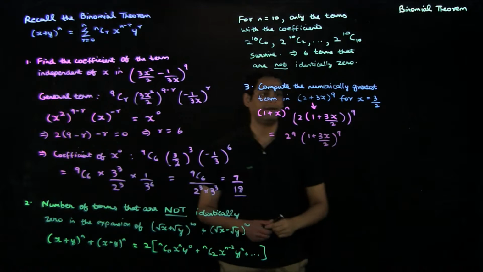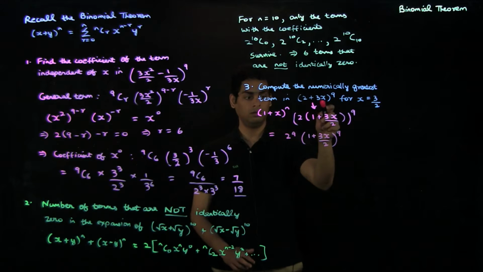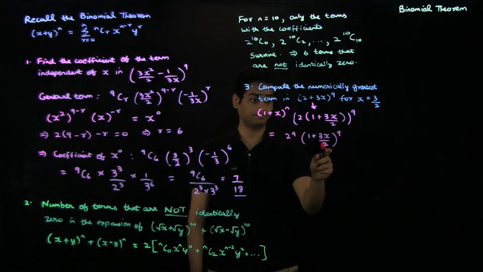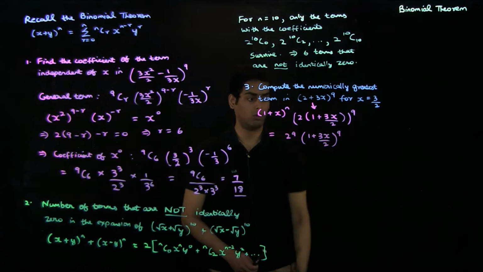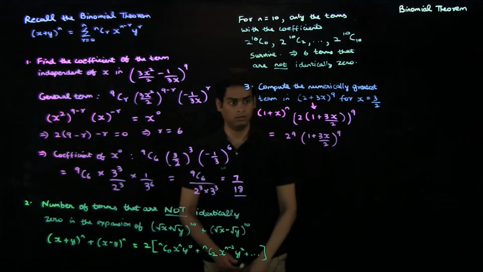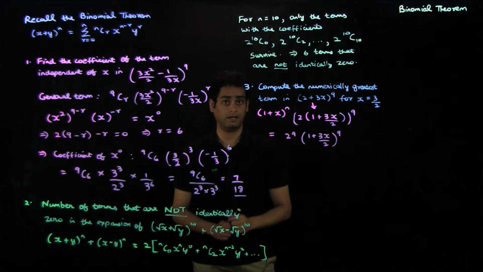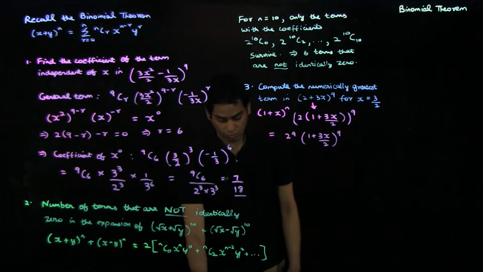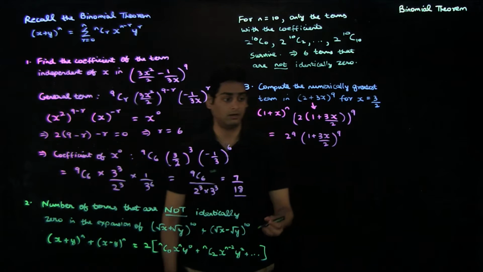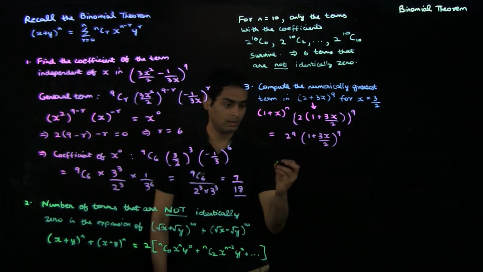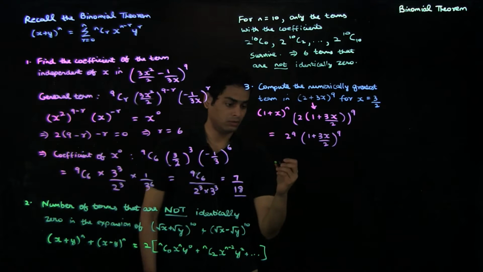So the numerically greatest term in this expansion is the same as the numerically greatest term in this expansion, and we just need to consider (1 plus 3x by 2) whole power 9 to find the numerically greatest term. So a result which we shall not prove in this lecture, but which you can take for granted, is as follows.